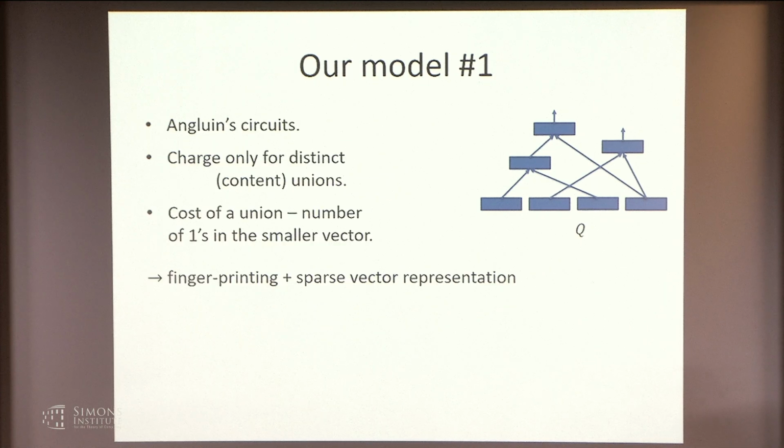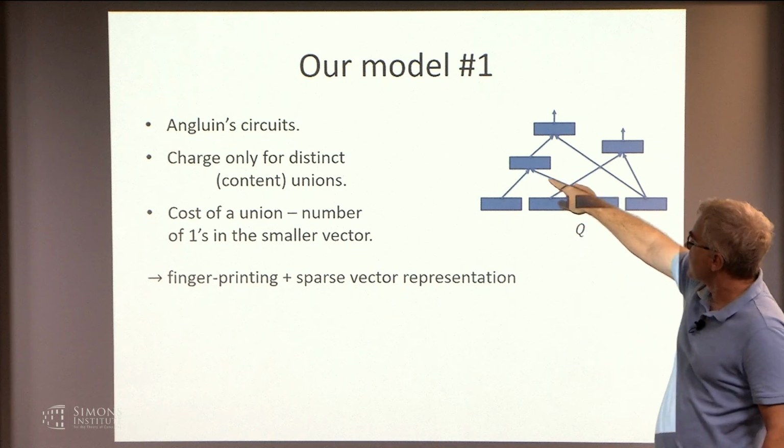And so what is our model? How are we trying to fix this issue with the original model? We try to change the cost function you charge for these various operations.